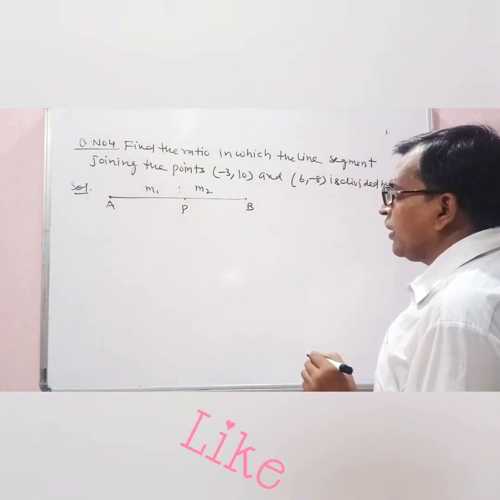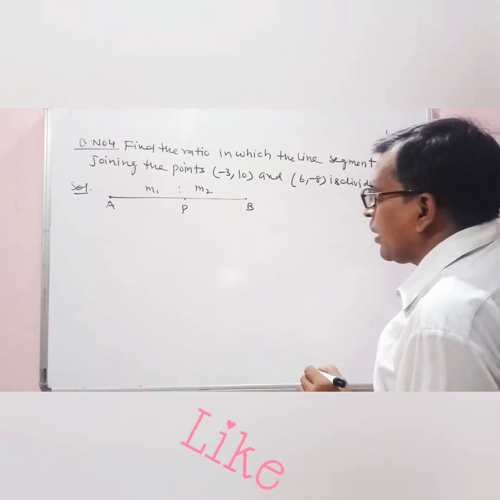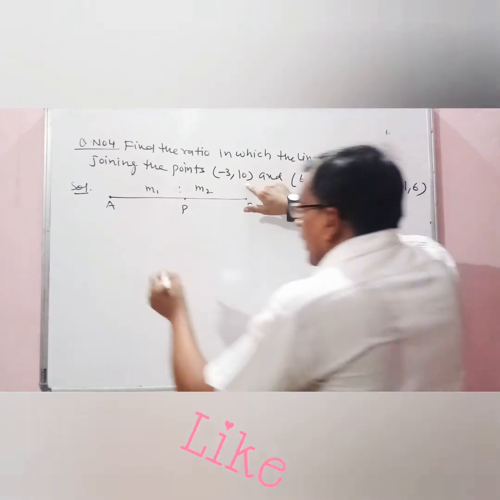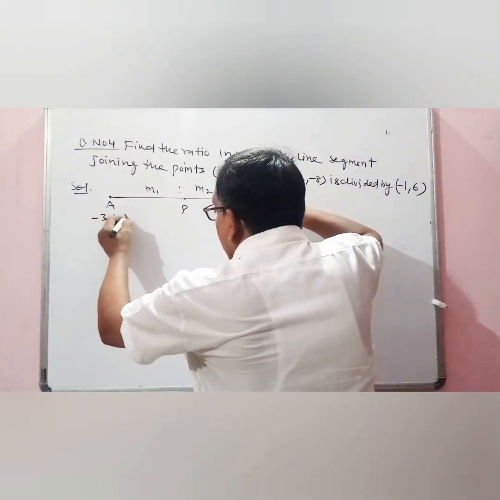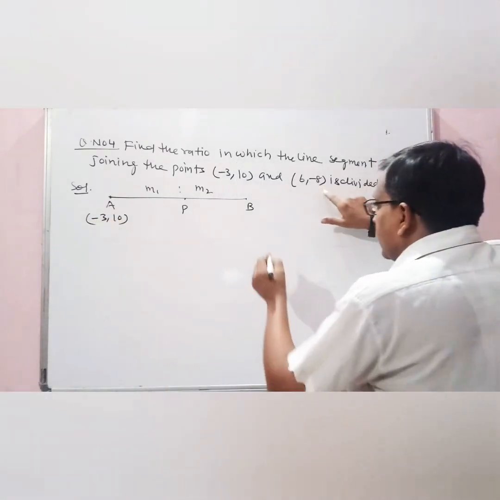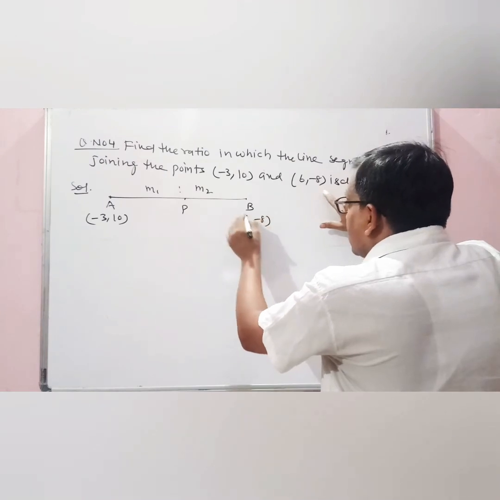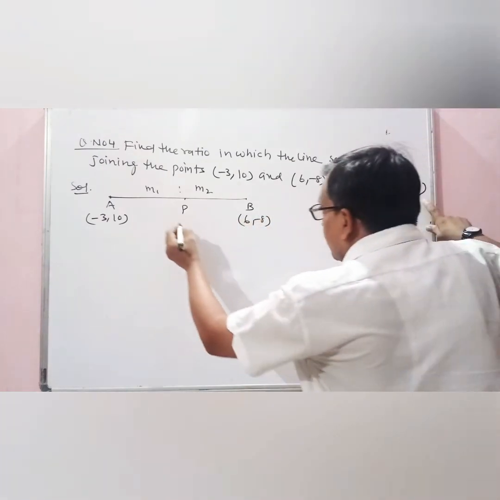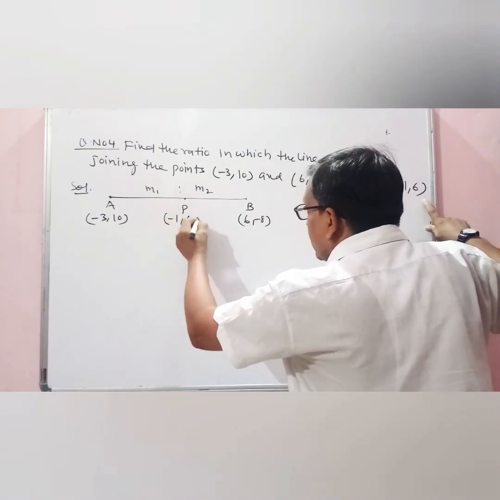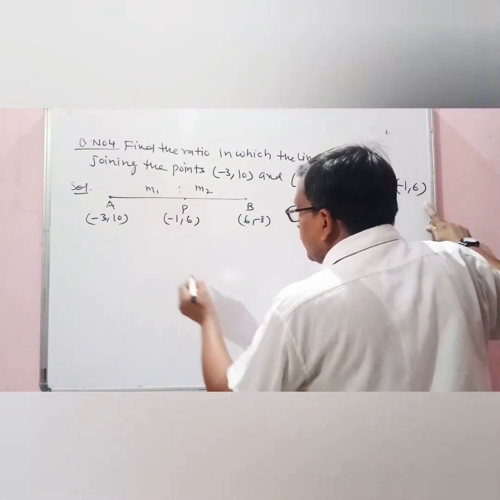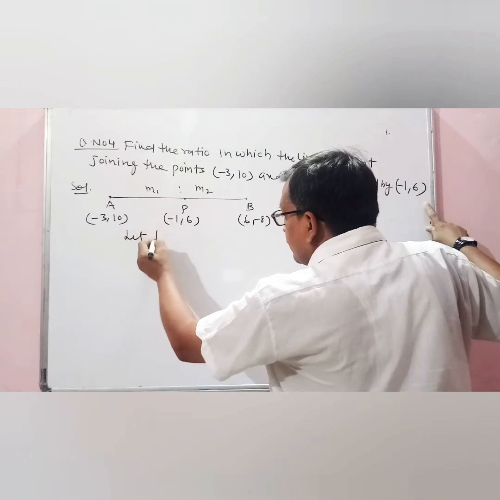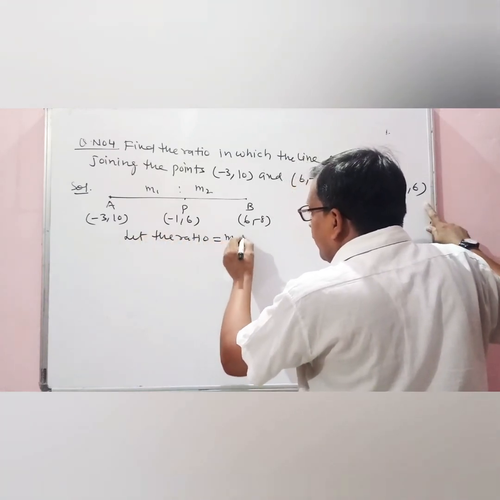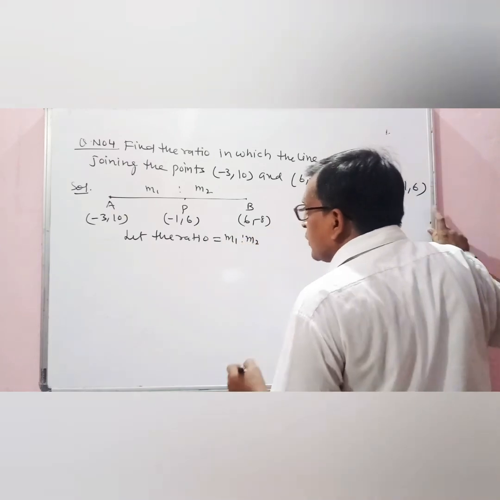Then point P divides AB in the ratio m1 to m2. The joining points are given as minus 3, 10 and 6, minus 8, divided by the point minus 1, 6. Find the ratio, and we write on the left the ratio equals m1 to m2.